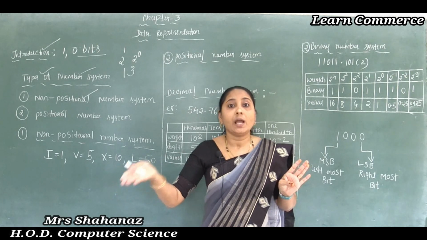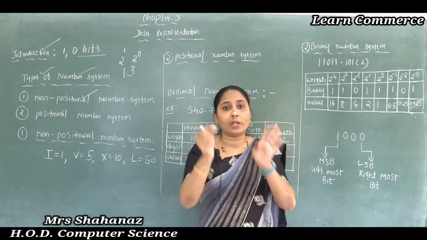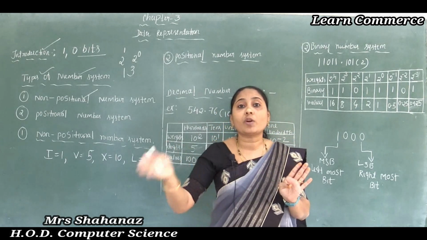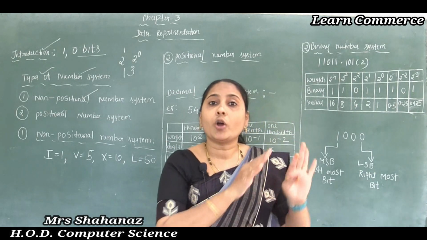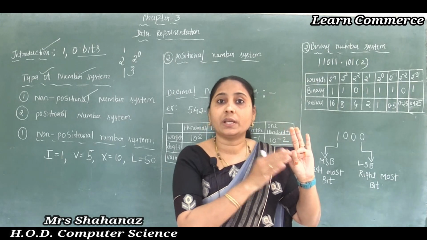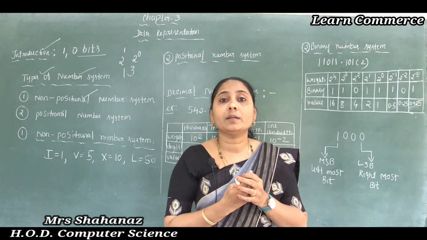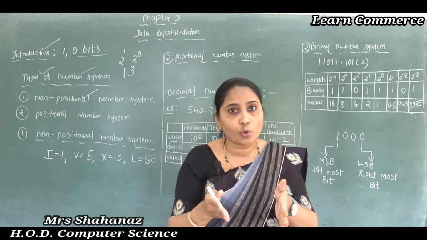Clear this point here: the number of sticks after counting 1 2 3 4. Depending on these sticks they can say what the number is, or maybe they use the fingers to count the numbers, or maybe the stones. Clear this one.